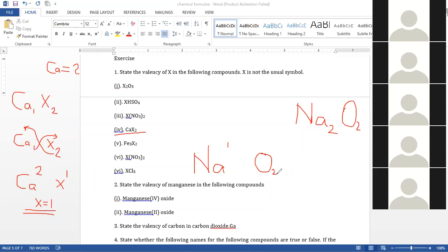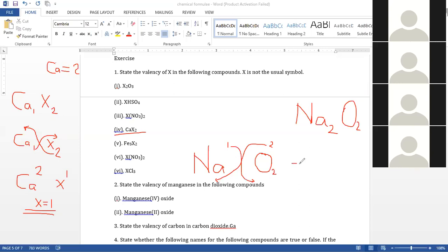What is the valency of a peroxide? 2. Check in our table. Good, it's 2. So this 2 comes here, and this 1 comes here.